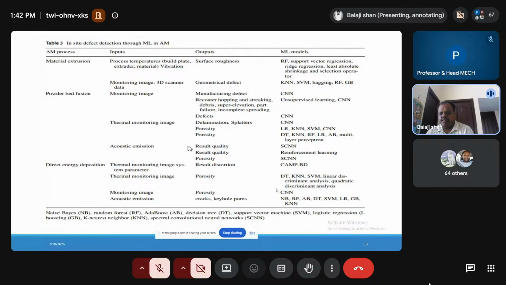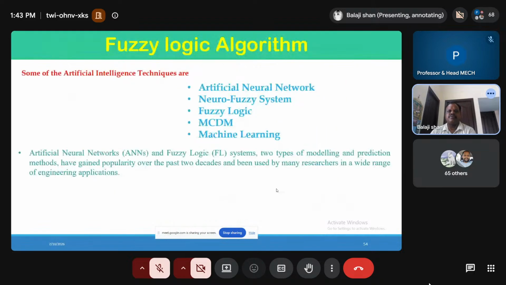So nowadays, artificial intelligence and machine learning techniques are widely used for finding defects in additive manufacturing, based on the images as well as the readings. So in this session, finally, we are going to discuss one of the artificial intelligence techniques, named the fuzzy logic algorithm.